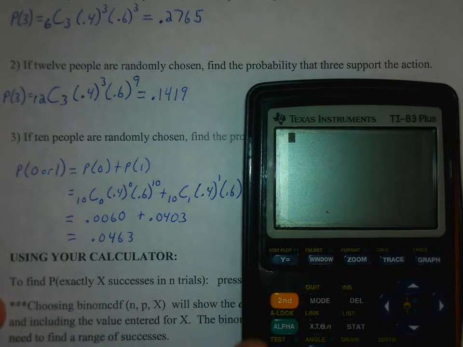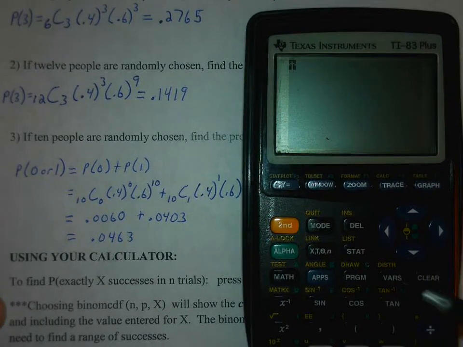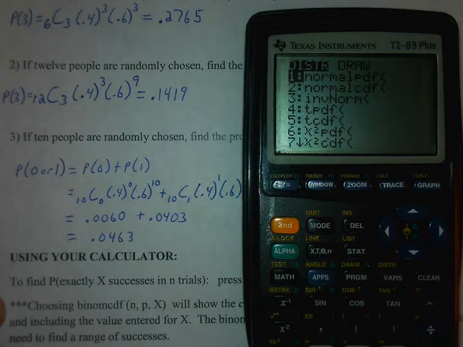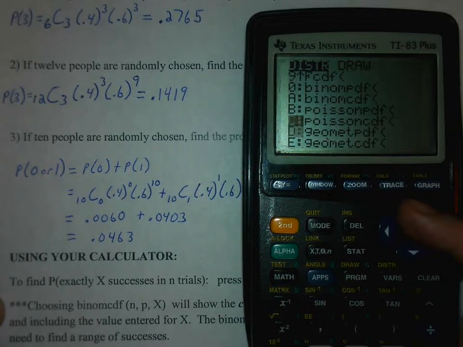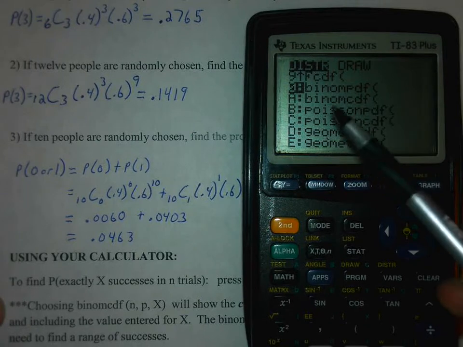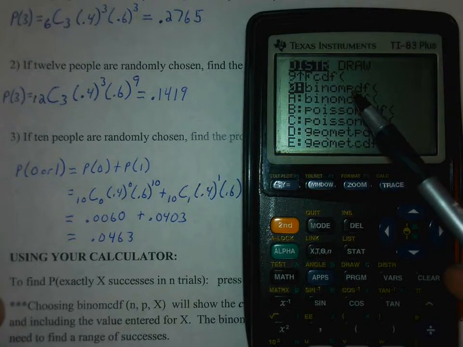So if we follow the directions, we press second vars. You see how it says DISTR above that? That stands for distribution. So we want to have a binomial distribution. So if we scroll down to option 0, okay, really 10, we get binom PDF.